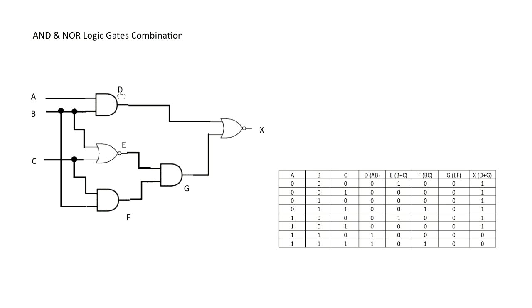After this gate, the output we named as D. This NOR gate output, we named as E. So you can write names for the output of each gate, and for each output you can make a column here.